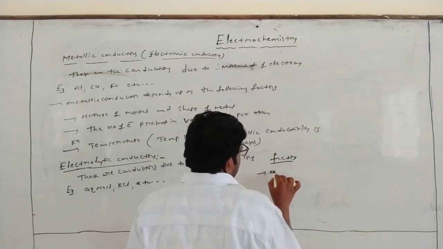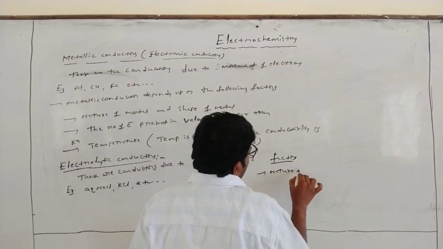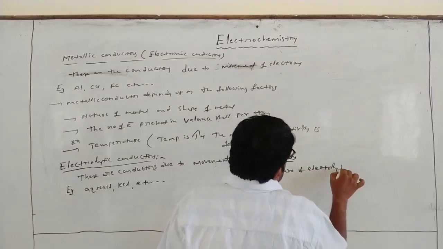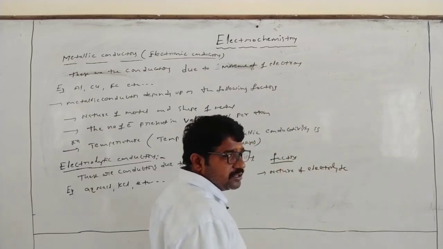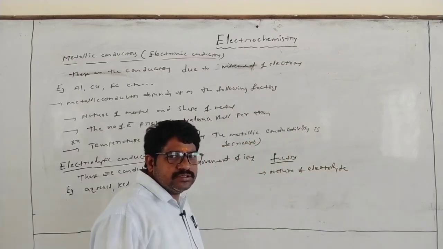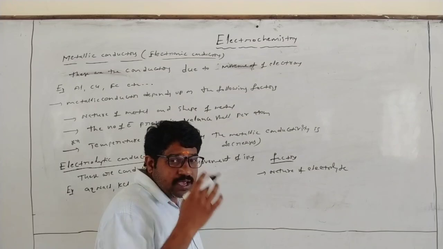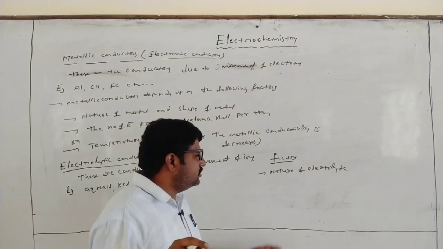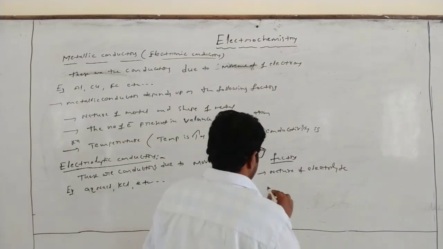First one is nature of electrolyte. Some electrolytes produce two ions, some produce more ions. That is the nature of the electrolyte.